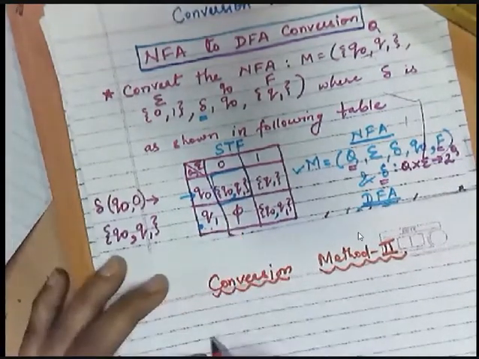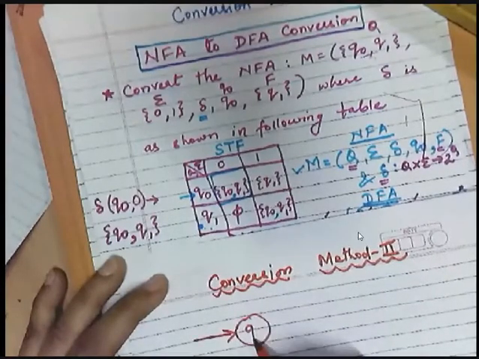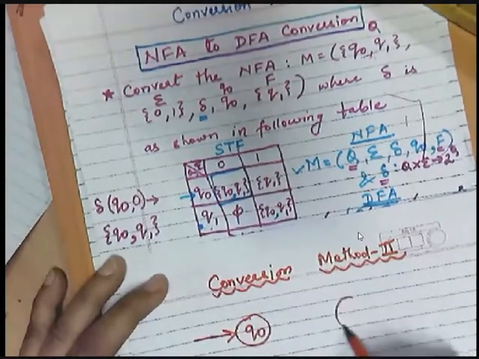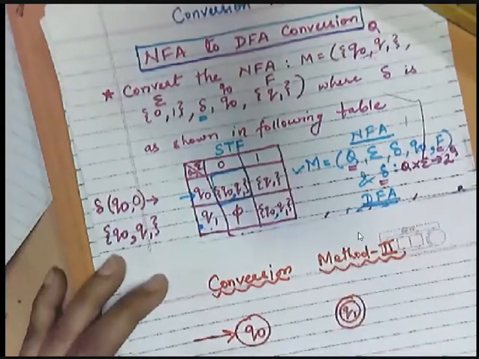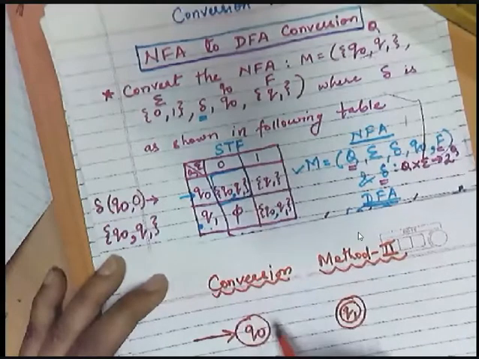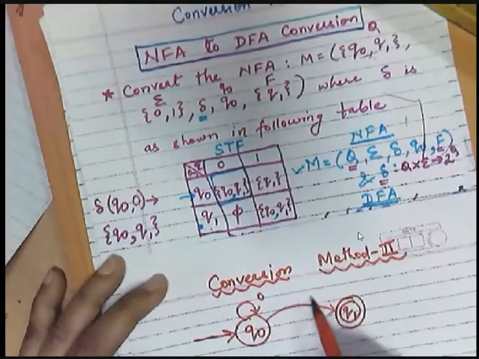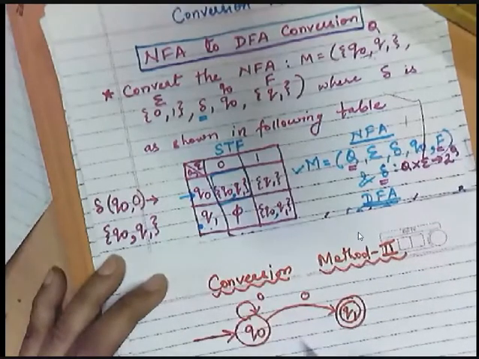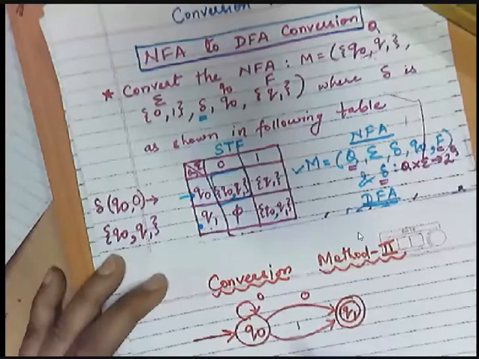If I want to draw it with the help of a transition graph, I will have two states, Q0 and Q1 only. Q1 is nominated as the final state. Q0 on 0 moves to Q0 as well as to Q1. Same way, Q0 on 1 moves to Q1.